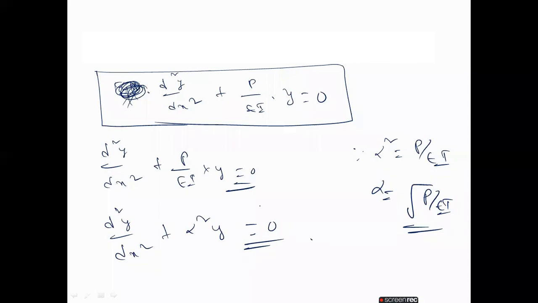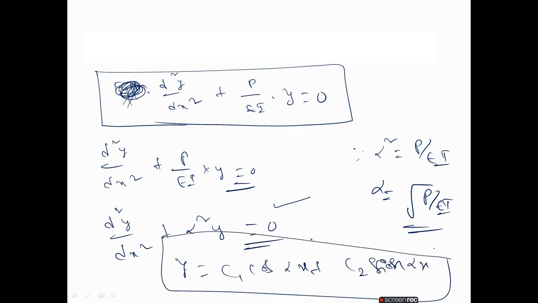So the solution for this type of equation is what? y equal to c1 cos alpha x plus c2 sin alpha x. We know this one, you have learned it many times in the mathematical derivations.